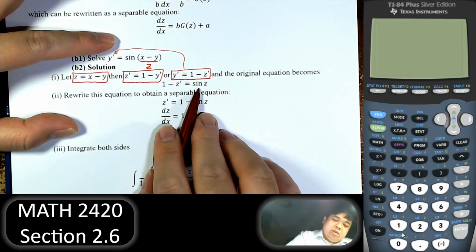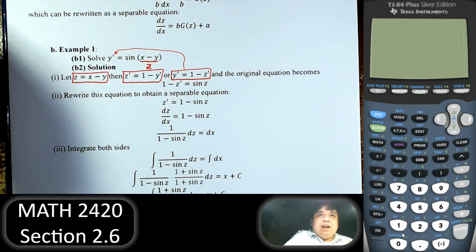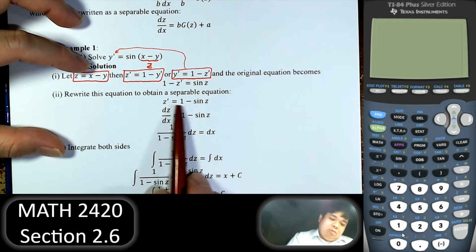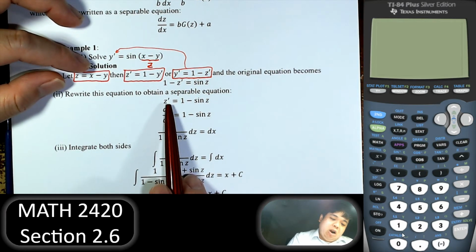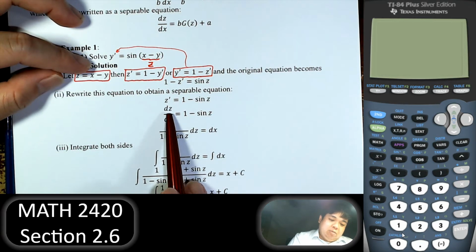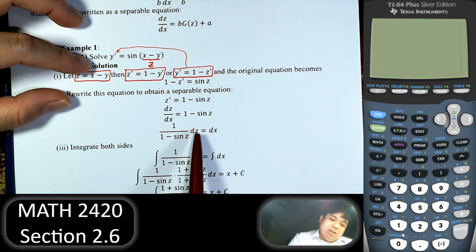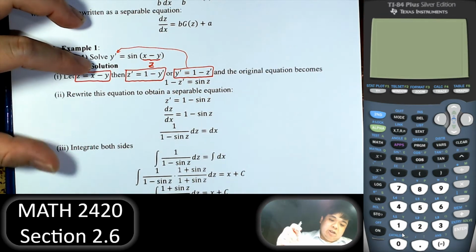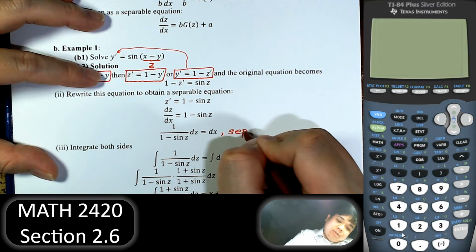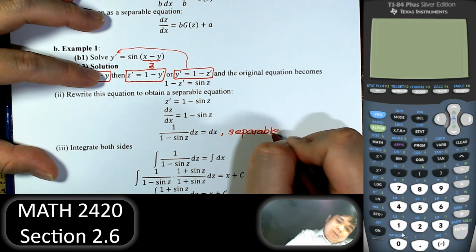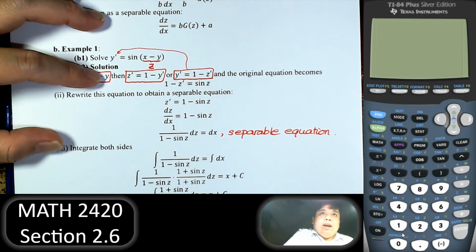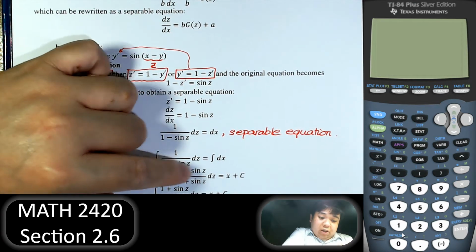We have this equation as a function of z in terms of x, and we rewrite z prime as dz over dx, move the dx over and move 1 minus sine z over, and if we do it correctly, we should have a separable equation. And we just integrate both sides.